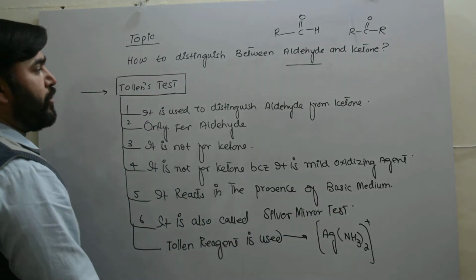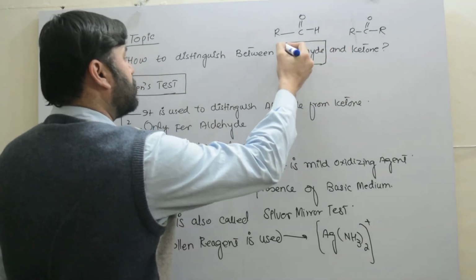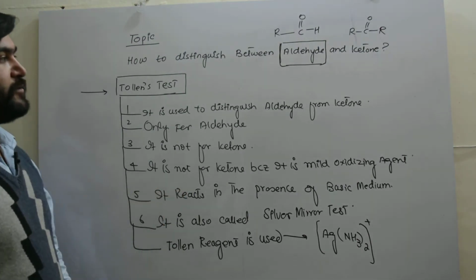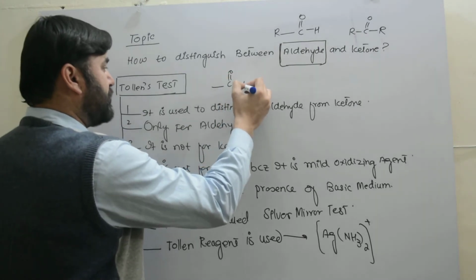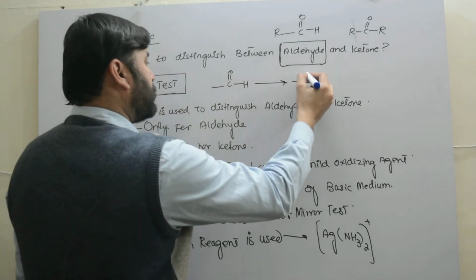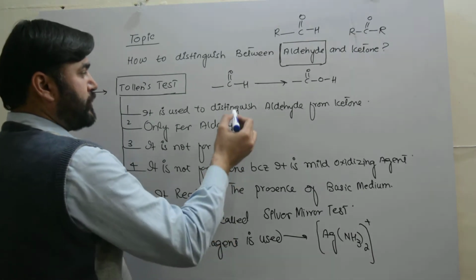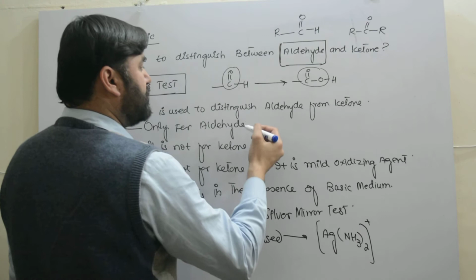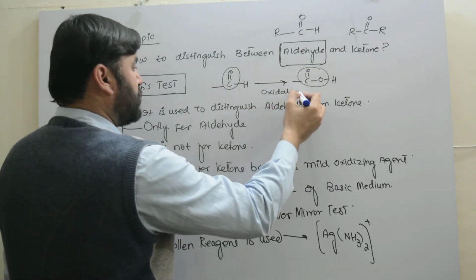It will react with only aldehyde, and this test will not give a result with the ketone. It only reacts with the aldehyde, and this aldehyde will be oxidized to carboxylic acid, because here is only one oxygen and here two oxygens are there. It means it is an oxidation reaction.